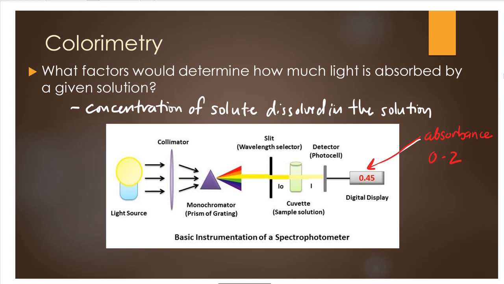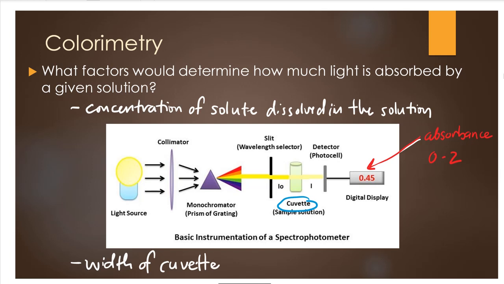The second factor that actually matters a lot as well is how thick of a tube you're using. And you see it labeled here as the cuvette. How wide is the cuvette? So the width of the cuvette is a big deal. If the cuvette is skinny, then the light doesn't pass through very much of the solution, and not very much light would be absorbed.